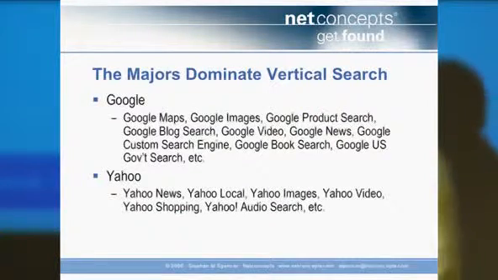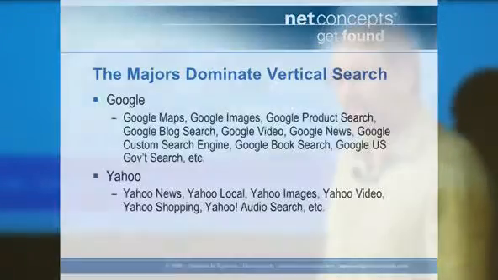And that's great. But in reality, there really is a large market dominance with the major players being Google and Yahoo. And if you look at vertical search, they have things pretty well covered with, like, just say Google Maps, Google Images, Google Product Search, Google Scholar, Google Book Search, Google Blog Search, Google News, Google Custom Search Engine, CSE, Google U.S. Government Search.